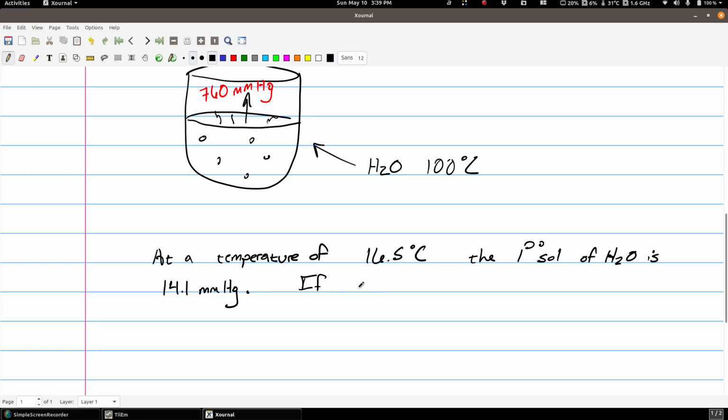Let's say we had 37 grams of lithium chloride added to 4.23 liters of water.